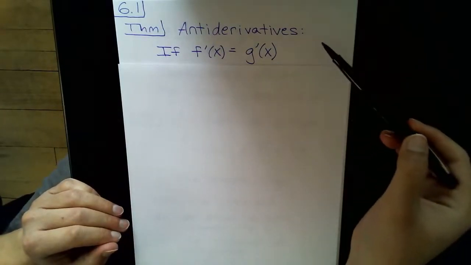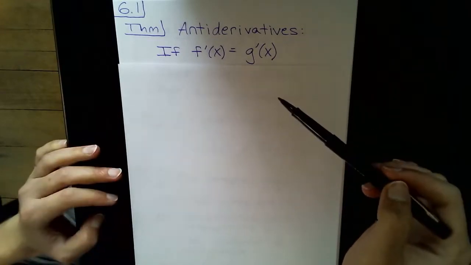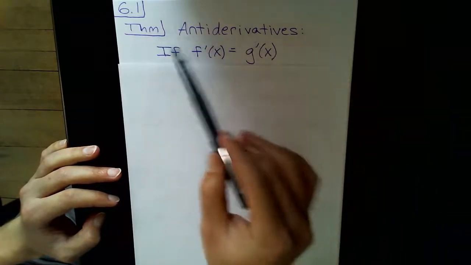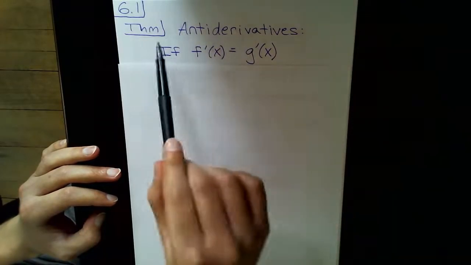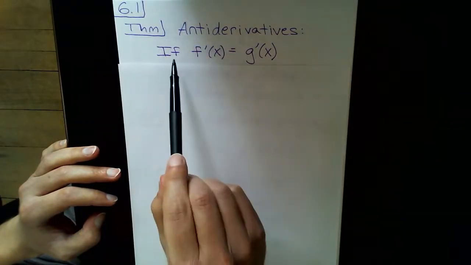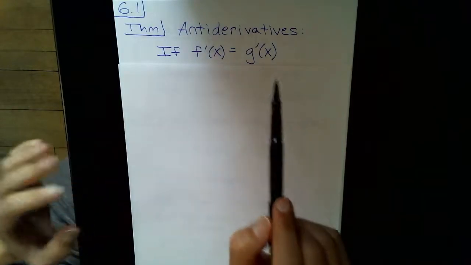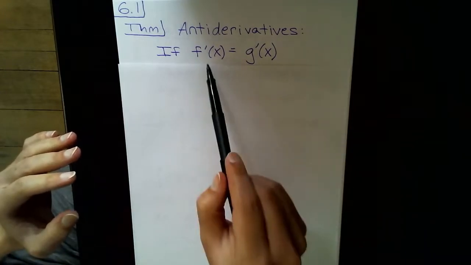We need to add a little bit more to that because that isn't technically correct. It's mostly there, but as you'll see in this first theorem, there's a little bit more to it. Our theorem for antiderivatives says: if f prime of x is equal to g prime of x, if you're given two equal derivatives, then what can we say about the original functions?